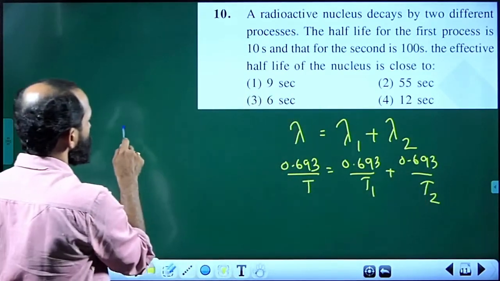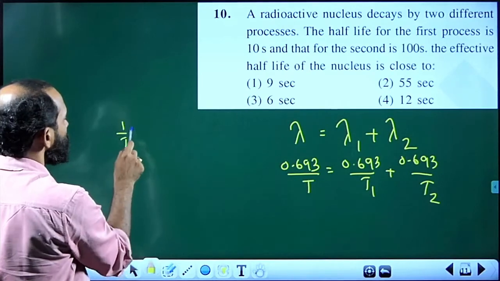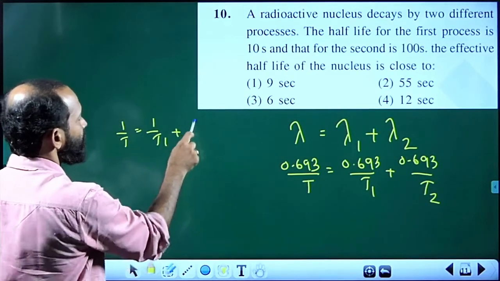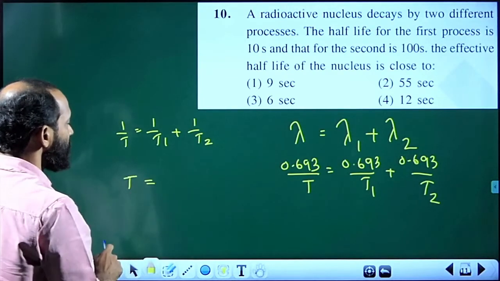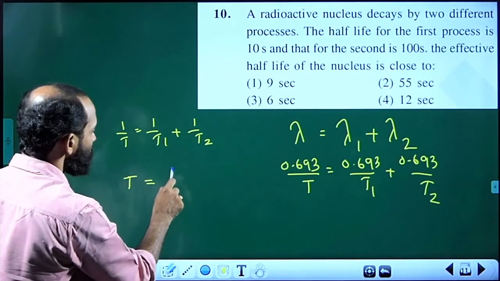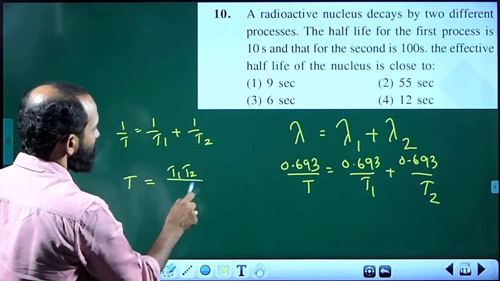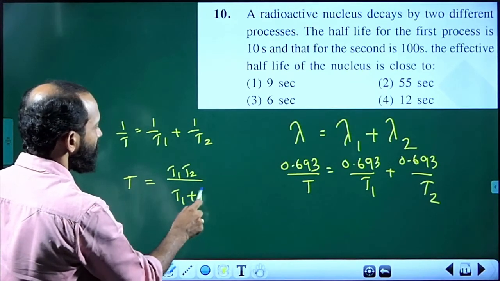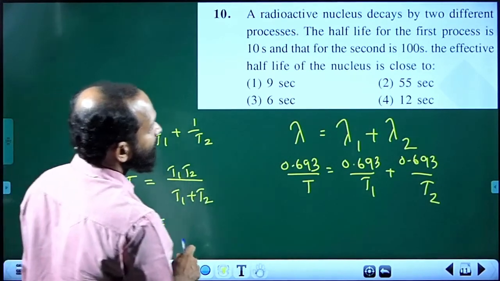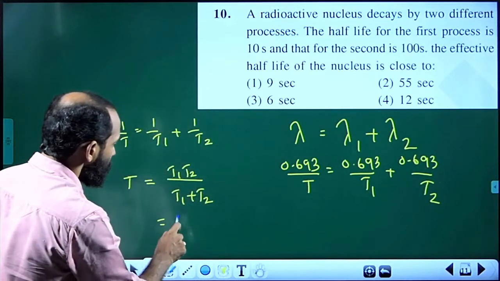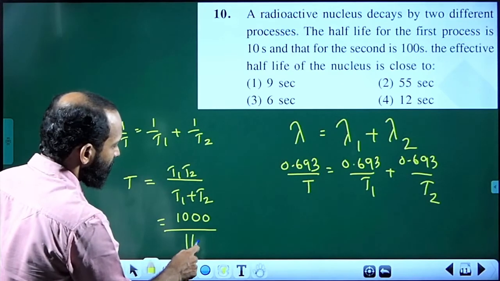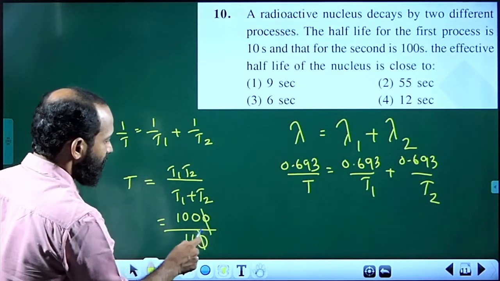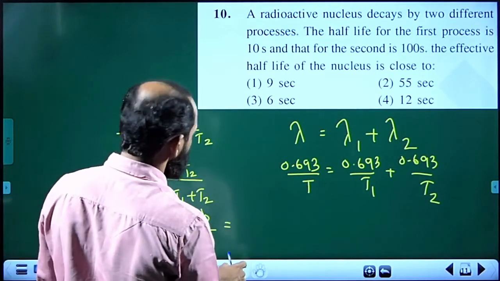Then we get the equation 1 by t equal to 1 by t1 plus 1 by t2. You take the LCM and reciprocal, and you get t1 t2 divided by t1 plus t2. Here t1 and t2 are 100 and 10, so 100 into 10 divided by 100 plus 10, and you get 100 by 11, nearly 9 seconds.